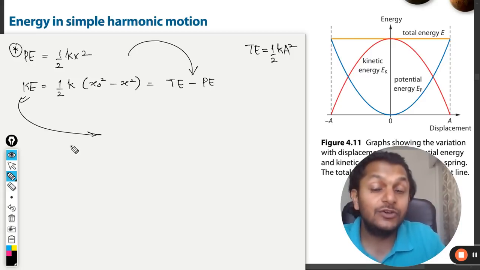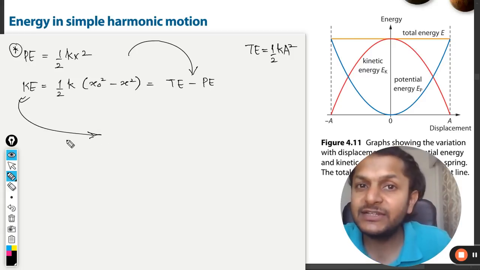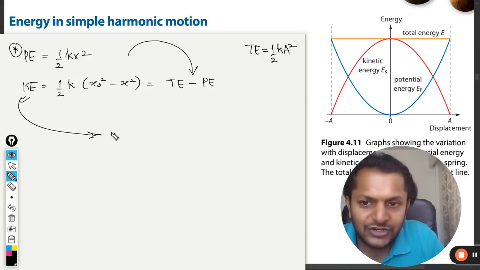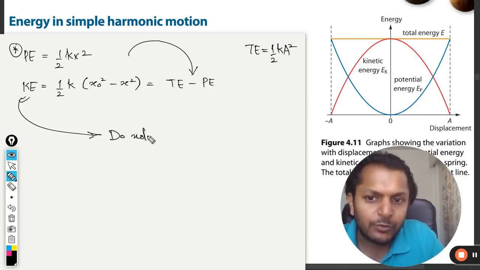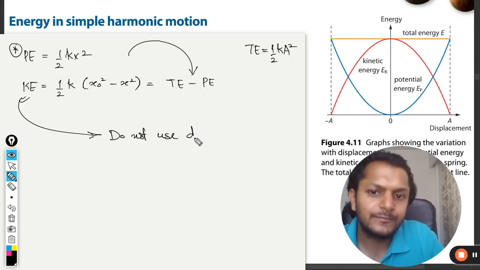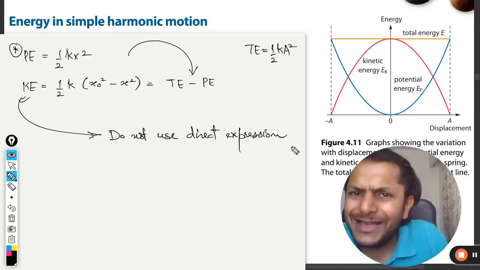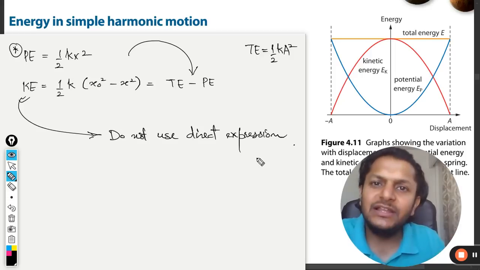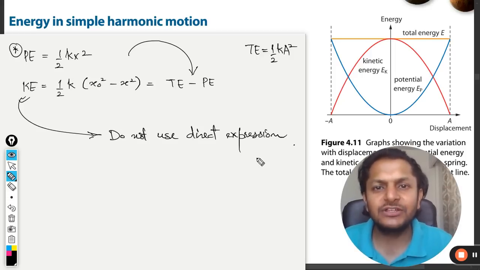It is given in your data booklet, but it is highly misleading. I would be talking about that in the next video. So for the kinetic energy, do not use the direct formula. Why am I saying that? Because that is highly erroneous, and repeatedly I have seen students commit some or other mistake.